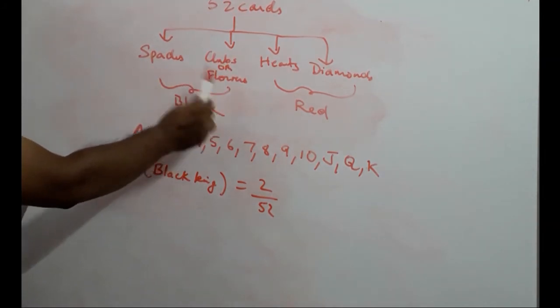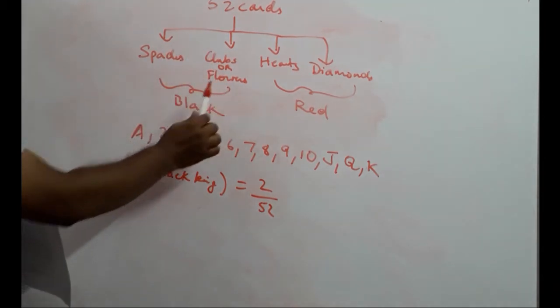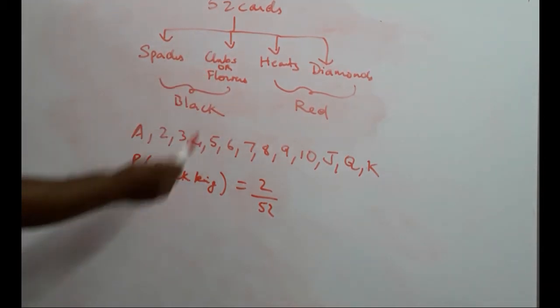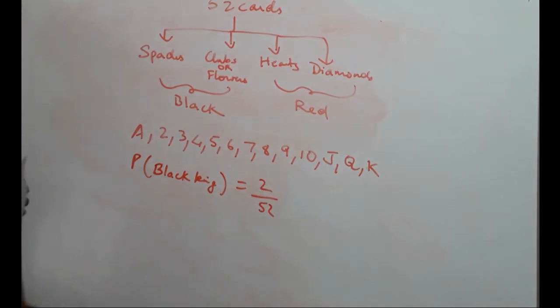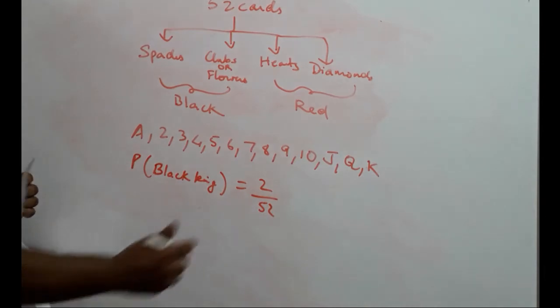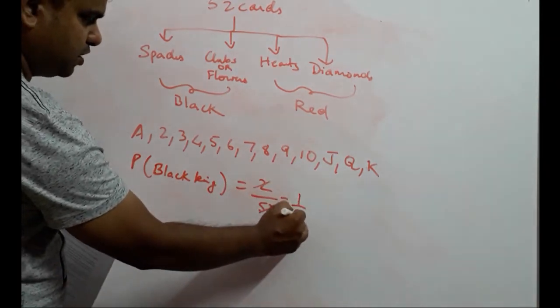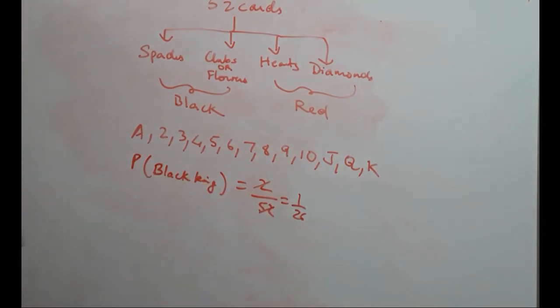Why 2? Because spade has a king, clubs has a king, and we are asked just for black king. So 2 is the favorable event, and 52 because total number of cards are 52. If we divide this, we get 1 upon 26. So the probability of getting a black king is 1 upon 26.